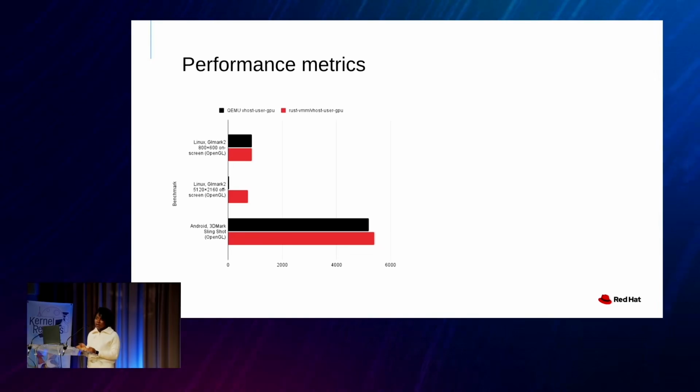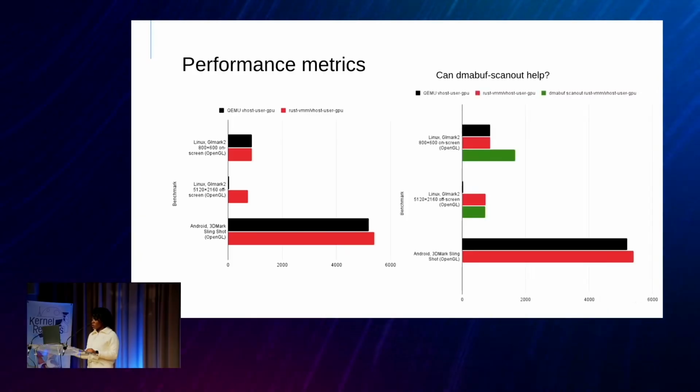And when I ran GLMark off screen, the vhost-device-gpu was outperforming the vhost-user C version. We also ran some benchmarks running 3DMark on an Android image, which is a phone image, because you can run 3DMark on an Android Automotive operating system image.